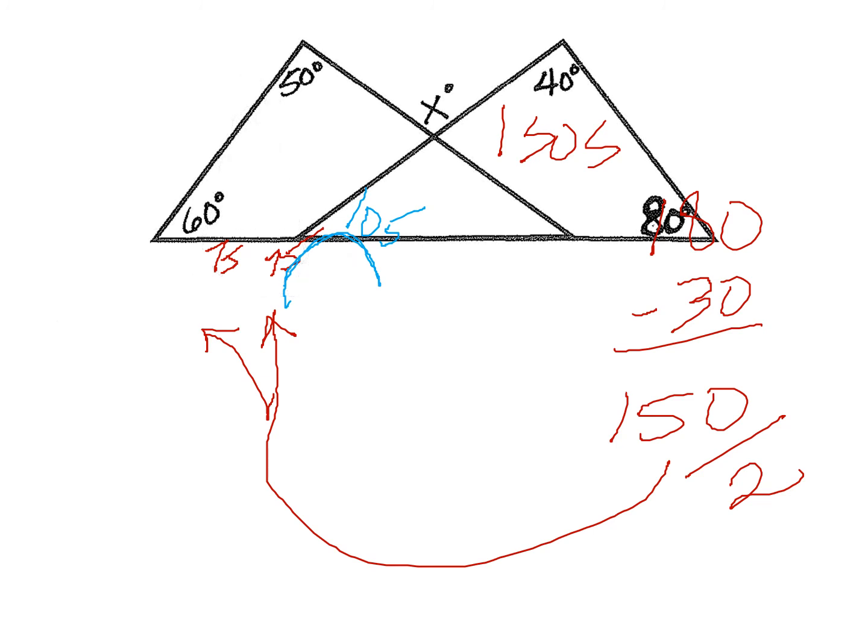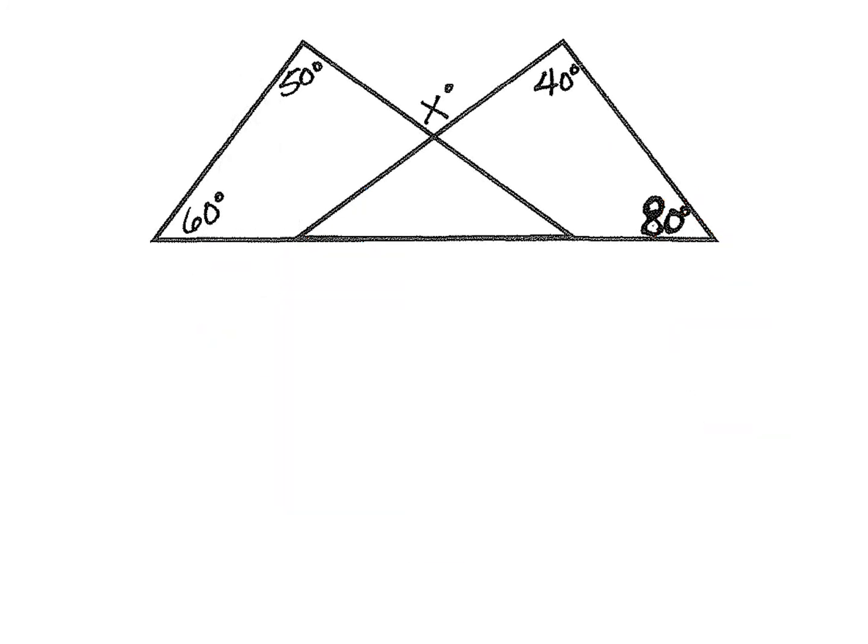All right, and then got one more practice here. So how many triangles here? 3. You got the big one right here with 1 corner missing, right? Just one. 180 minus 60 minus 50 leaves you 70 right here.